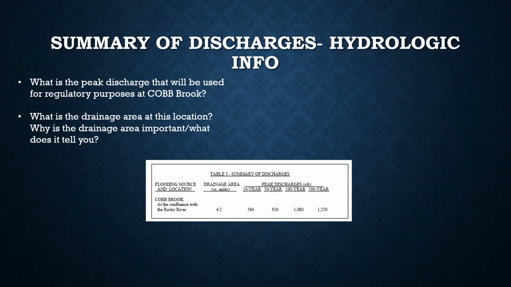Yep, 4.2 square miles. What the drainage area actually tells you is what area contributes water to make that peak discharge. So you've got 4.2 square miles of drainage area contributing water to make that Q value.